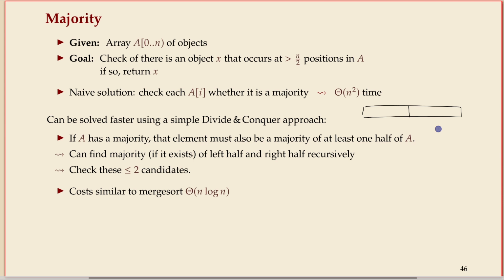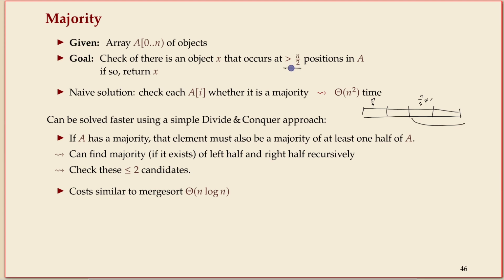So it has to be the majority in either the left or the right side, or maybe even in both. There's just not enough places to hide it otherwise. So in the worst case, you have an equal split, say roughly n/4 and n/4 plus 1. But then it would be a majority in this right part.